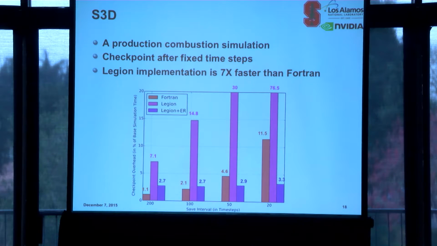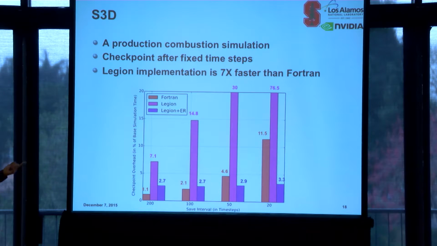So we also evaluated our integration of external resources on S3D, which has been mentioned in the previous talk. It's a production combustion simulation. S3D has to checkpoint some intermediate results after a fixed time step. And so we have tested three approaches. The orange bar shows the Fortran implementation.